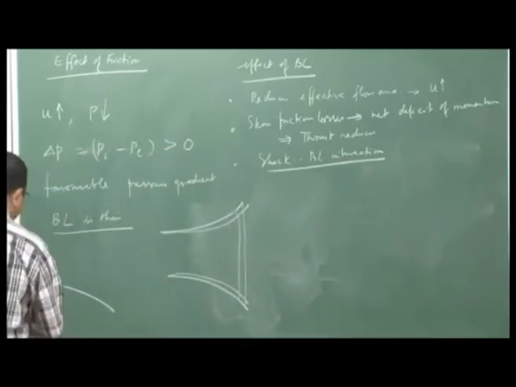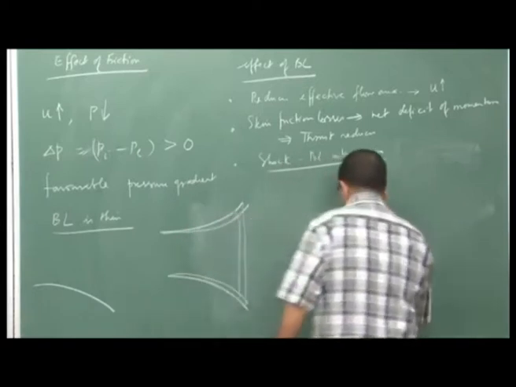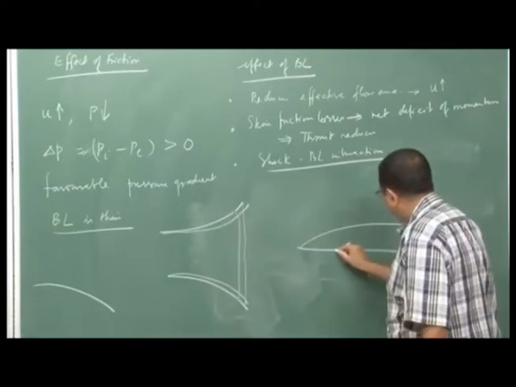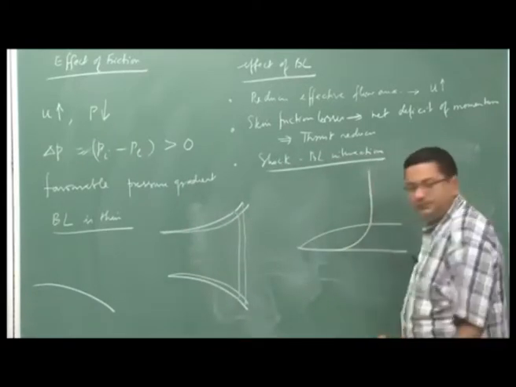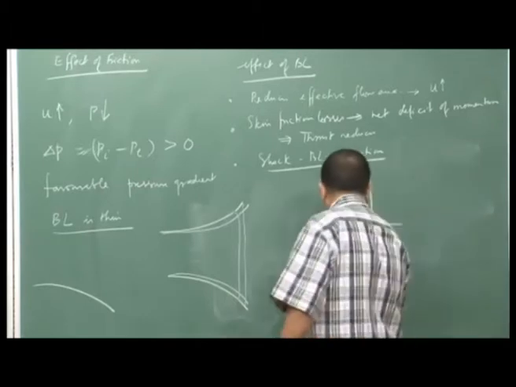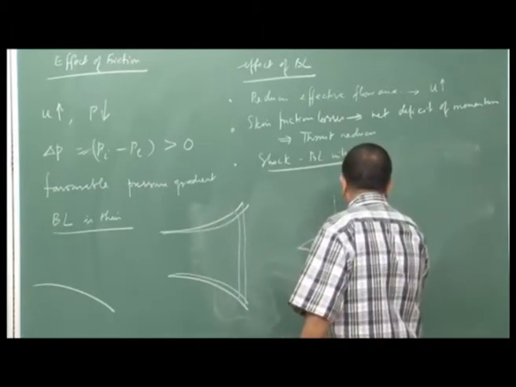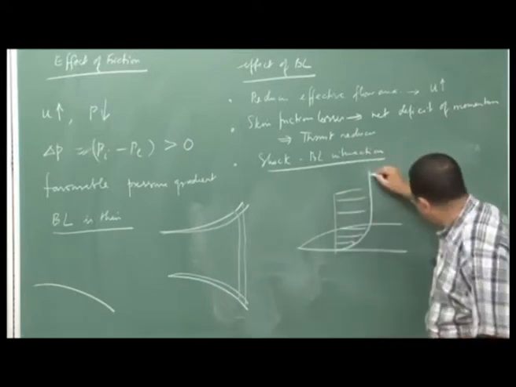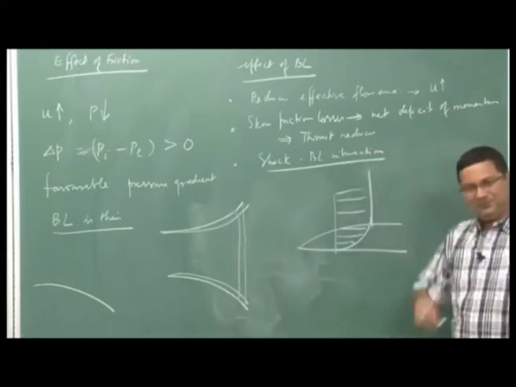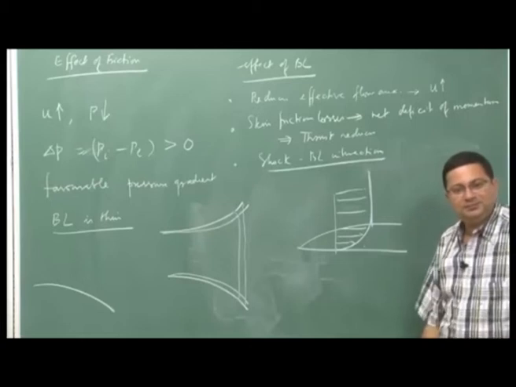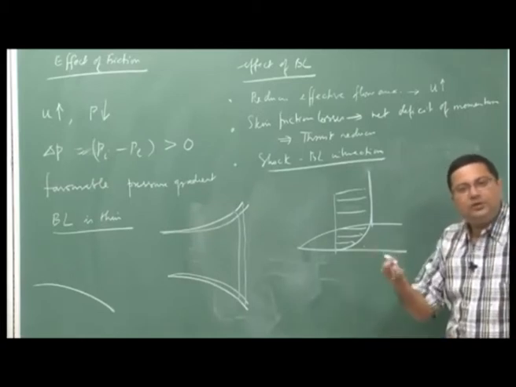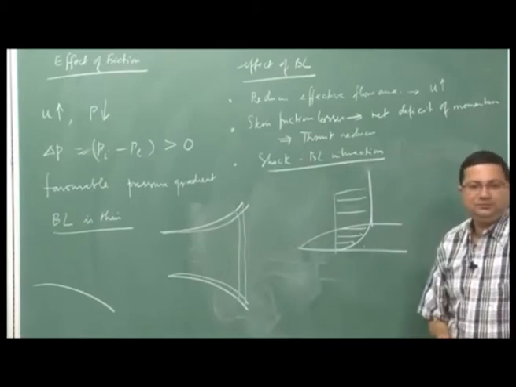Once again, let us look at a flat plate. We have a boundary layer, the velocity is going like this, right. It comes to 0 velocity here. This flow is supersonic, this flow is subsonic. How will a supersonic flow turn to a subsonic flow?